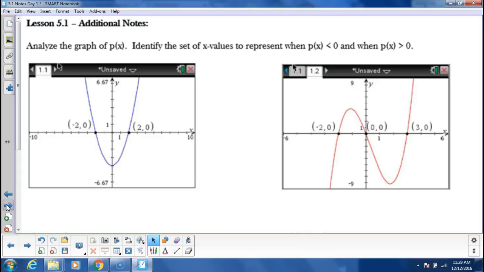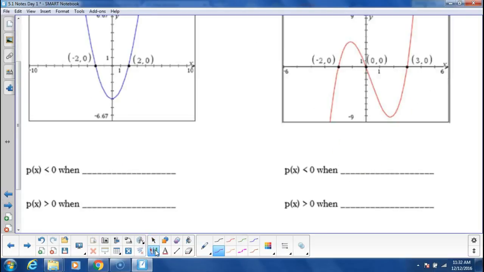Okay? So now, on the back side of the white sheet, I want you to answer those 4 questions. Give it to me in interval or in inequality. Alright, so P of x is less than 0 when it's below the x-axis, correct?